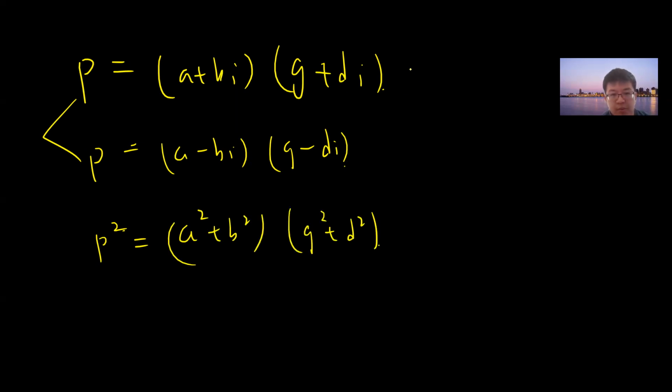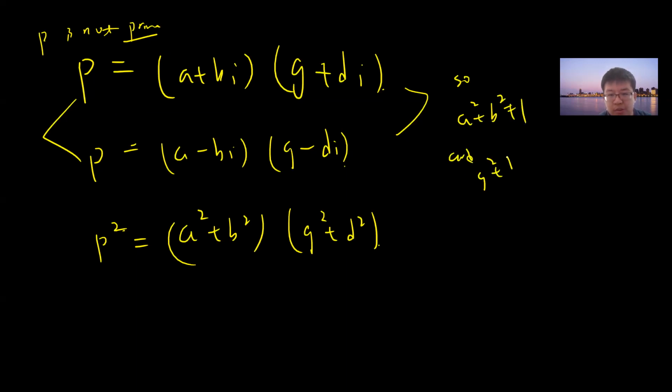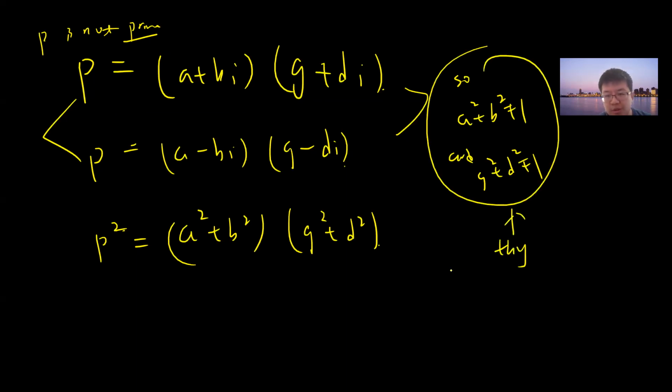Since p is not prime, a squared plus b squared cannot be 1, and g squared plus d squared cannot be 1, otherwise they would be units. Not prime means you can write it as a product of two elements, none of which is a unit.